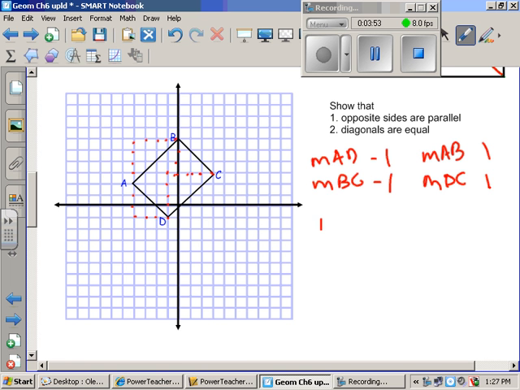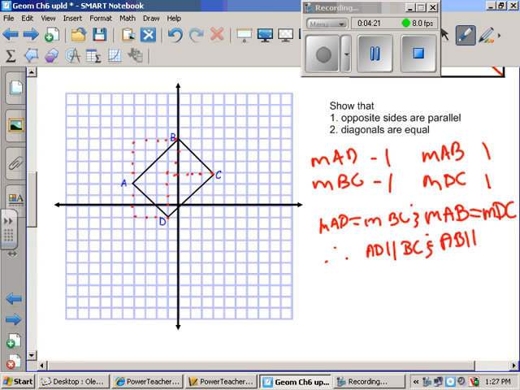So slope of AD is equal to the slope of BC, and the slope of AB is equal to the slope of DC. Therefore, AD is parallel to BC, and AB is parallel to DC. So now I've proven it's a parallelogram.